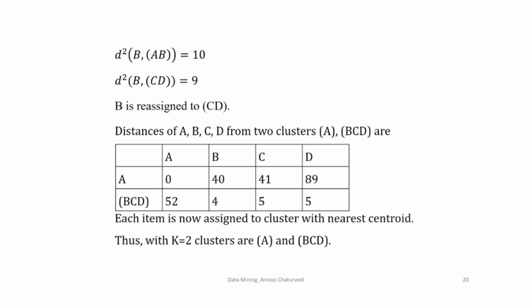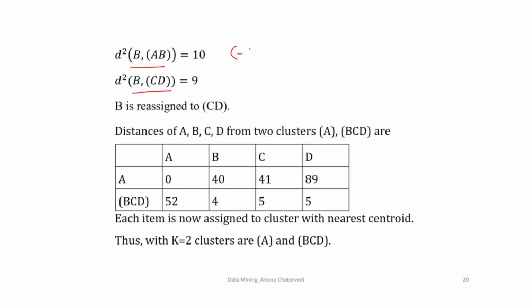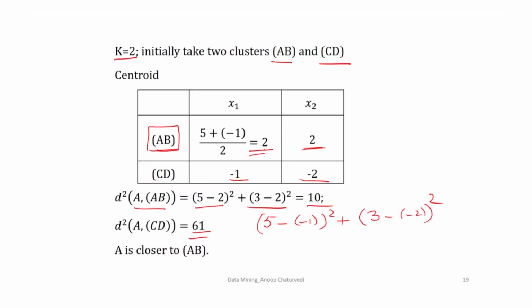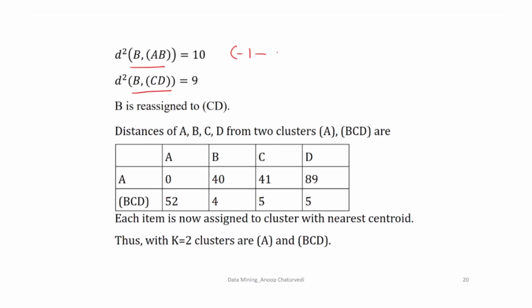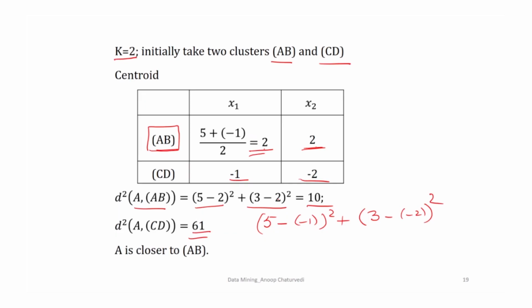Next, we calculate the distance of B from AB and the distance of B from CD. Again, the values of variables for B are minus 1, 1. So, minus 1 minus, then for AB the values are 2, 2. So, minus 1 minus 2 square plus the second value corresponding to x2 is 1.